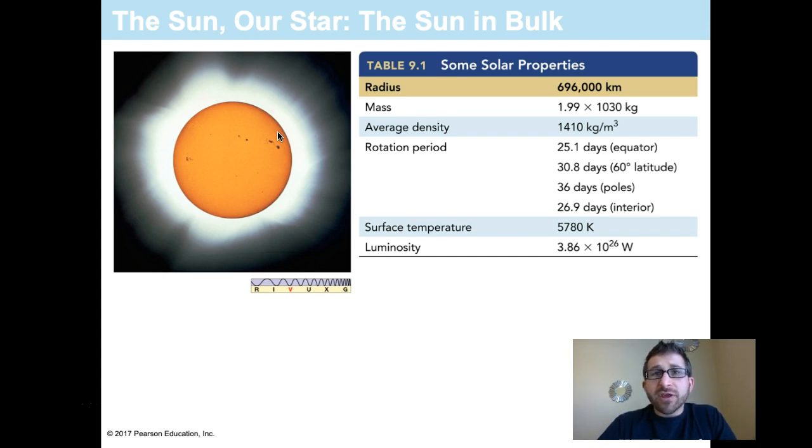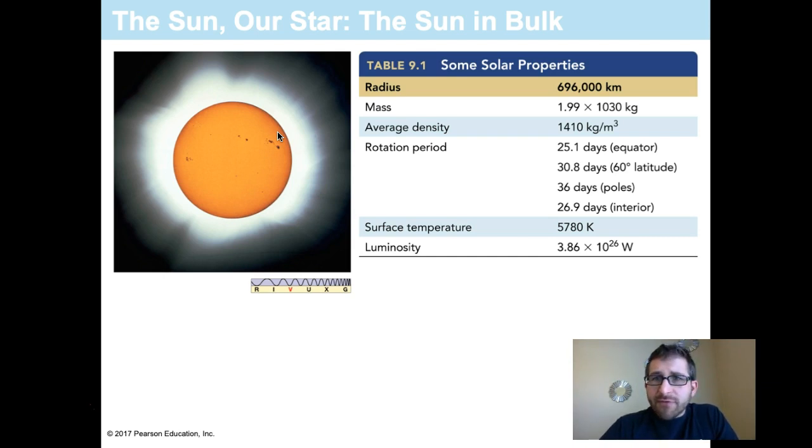Its average density is 1,410 kilograms per cubic meter. Once again, this is probably a number that is well beyond our normal thought process. 1,410 kilograms is equivalent to a mid-sized to large SUV, and it's packed into an area approximately the size of a normal-sized microwave, normal-sized oven.